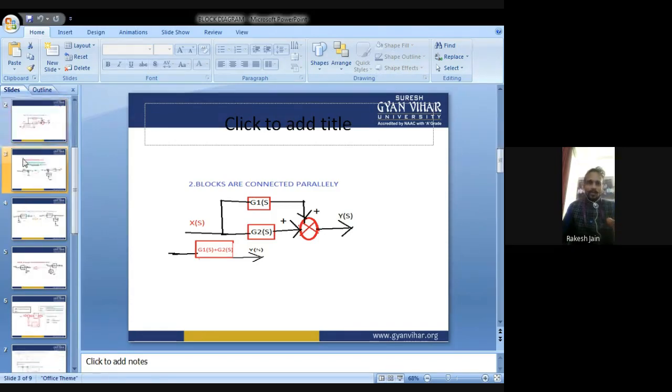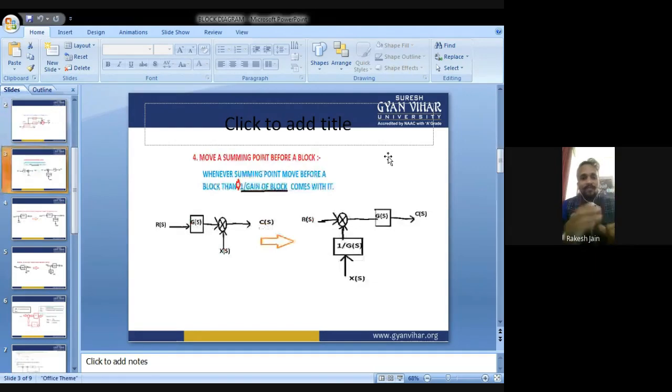Then the next rule is moving a summing point before a block. In the second rule we saw that if we wish to move the summing junction after a block, then the gain of that block will come with it. But here, moving a summing junction before a block means the gain of that block will become reciprocal and come with that summing junction.